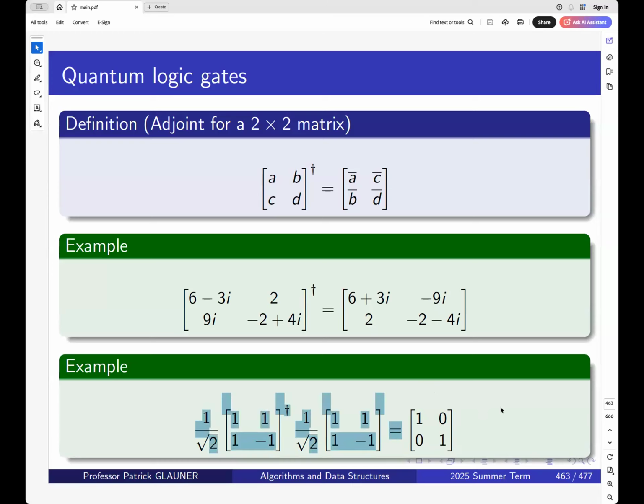You would also need to show this for U times U dagger, because remember the matrix multiplication is not necessarily commutative, or not in general. So you would also need to flip them and say U times U dagger. And if that also leads to the identity matrix, then you have shown that a Hadamard gate is in fact unitary.